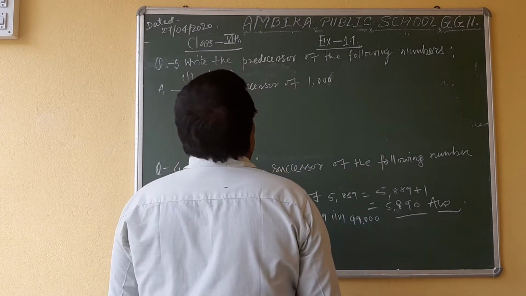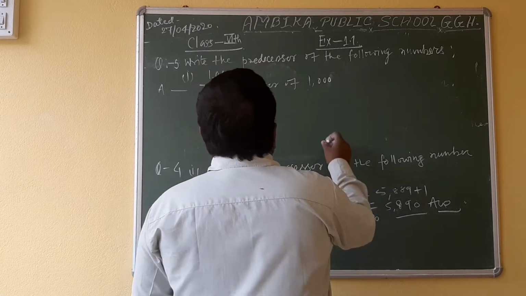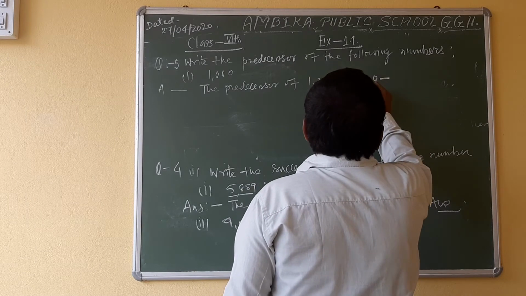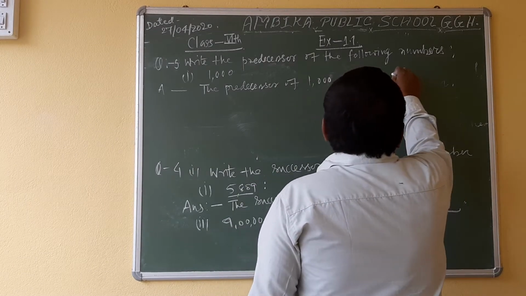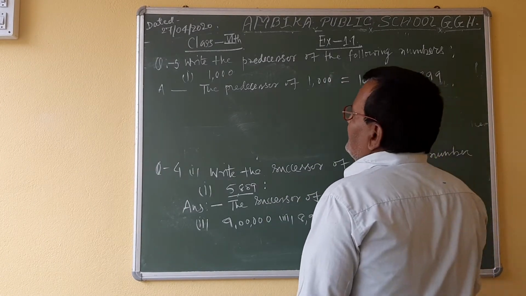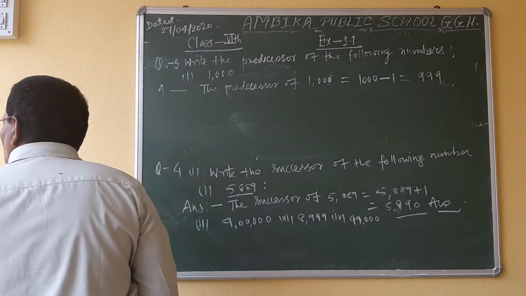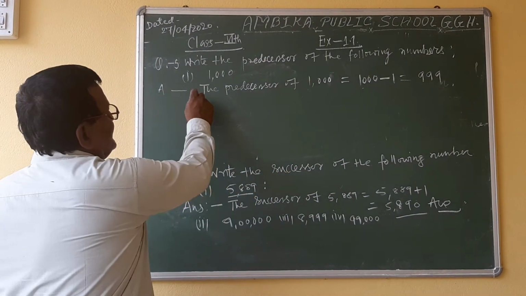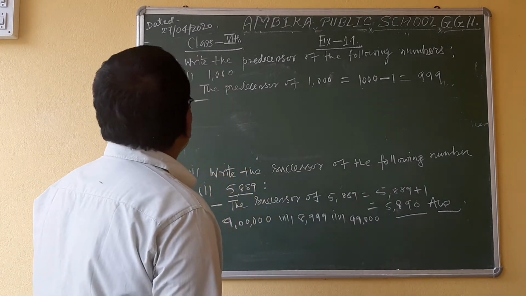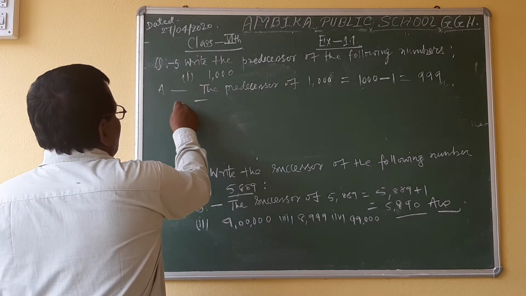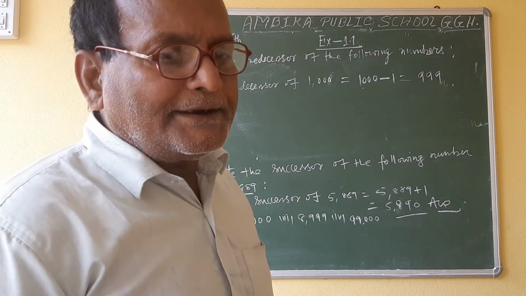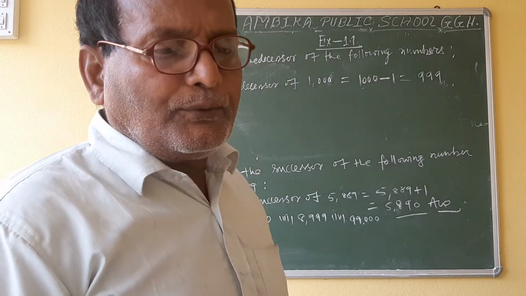So subtracting 1 from 1000, we get the number 999, which is the predecessor of 1000. So to find the predecessor, you will subtract 1 from the given number. And 2, 3, 4, 5, I am writing for you.